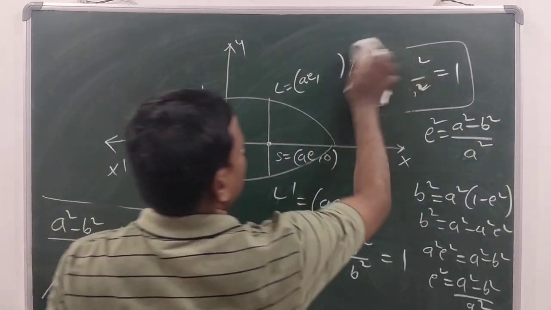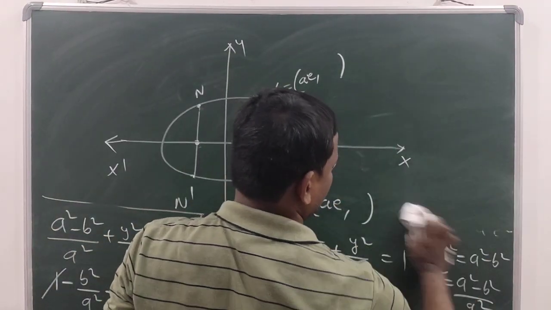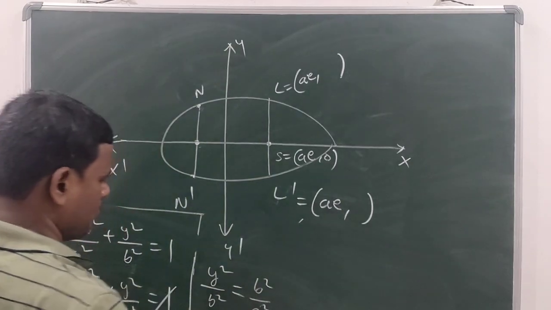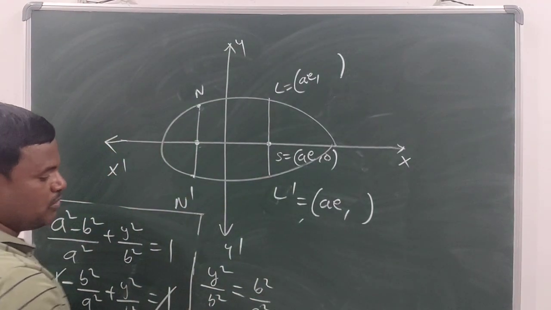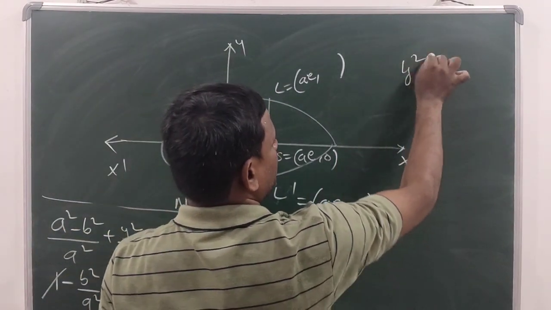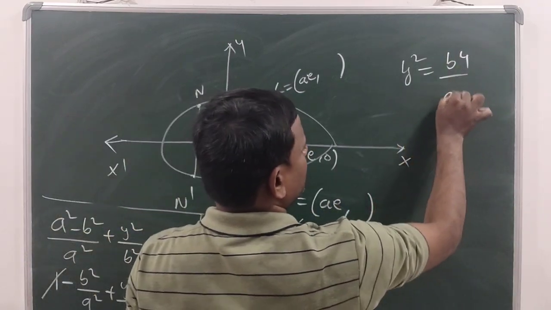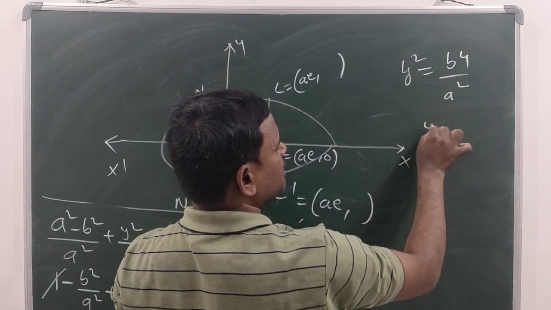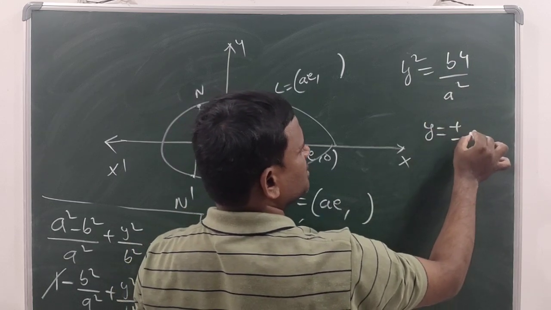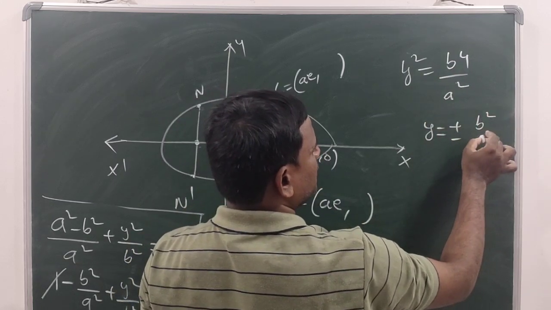Okay, right. Now transfer this b square to the right side, so that here you will get y square is equal to b power 4 by a square. Now take the square root to the right side, so that you will get plus or minus b square by a.